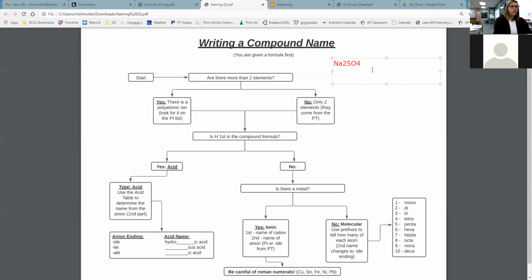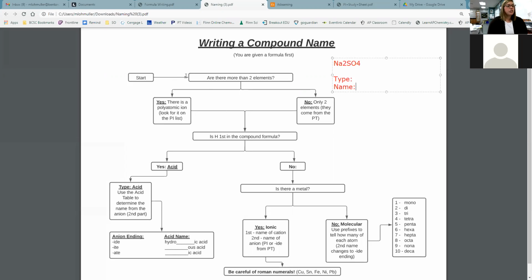So to write the name, we do it best if we first figure out the type of compound that it is, and then from the type determine its name, okay? So these questions help us with that. So I'm just going to walk you through the whole thing, and then we'll come back to figuring out Na2SO4, and we'll do a couple other examples as well. I don't have anywhere that these examples are coming from. I'm just pulling them off the top of my head to show you how it's used, okay?